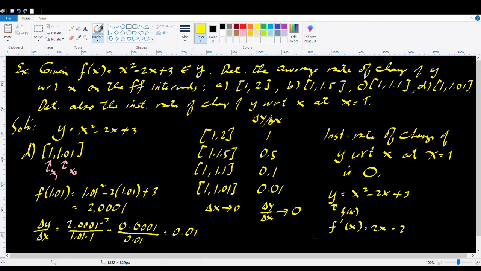The instantaneous rate of change of y with respect to x at x equal to 1 is f prime of 1 equal to 2 times 1 minus 2 equal to 0. And this agrees with our intuitive knowledge about the limiting value of delta y over delta x as delta x approaches 0.